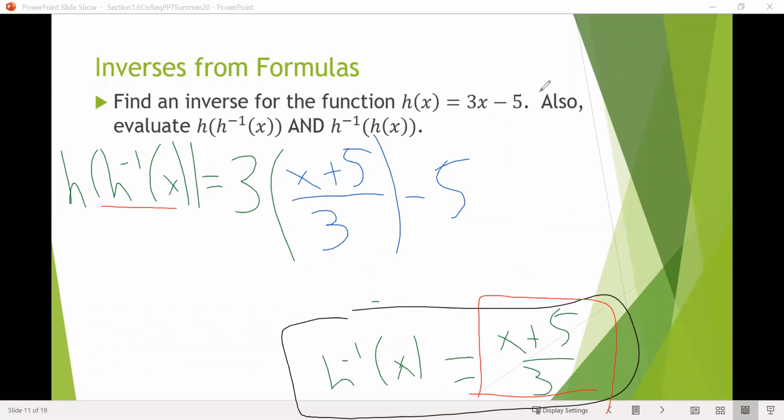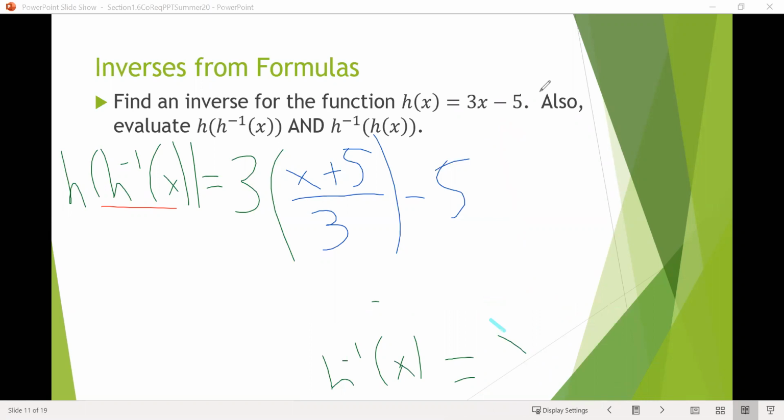And notice now when we go to simplify this, we have a 3 on the outside here that we can write as 3 over 1.